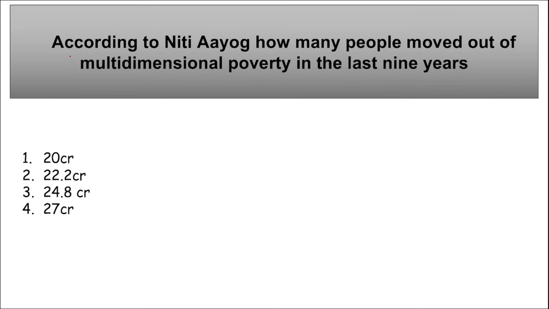Next is, according to Niti Aayog, how many people moved out of multidimensional poverty in the last 9 years? So recently a report was released by Niti Aayog on the National Multidimensional Poverty Index, that is MPI, right?